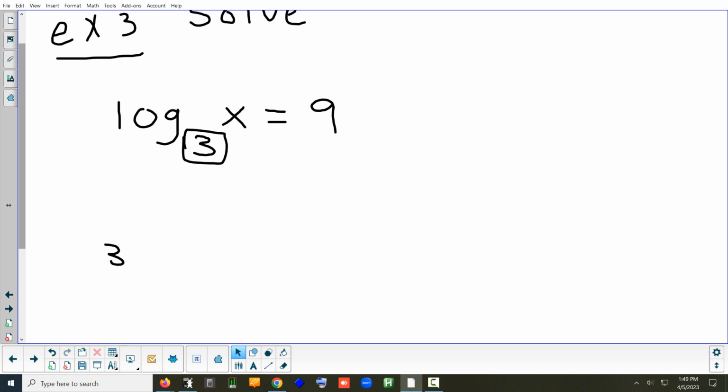Or are we just a little tired today? 9. Okay, 9. Logarithm equals the number 9. So logarithm equals your exponent. And what ends up on the other side by itself? X. So just by writing it in exponential form, you basically have your answer. That's the easiest one I think we're going to do today.